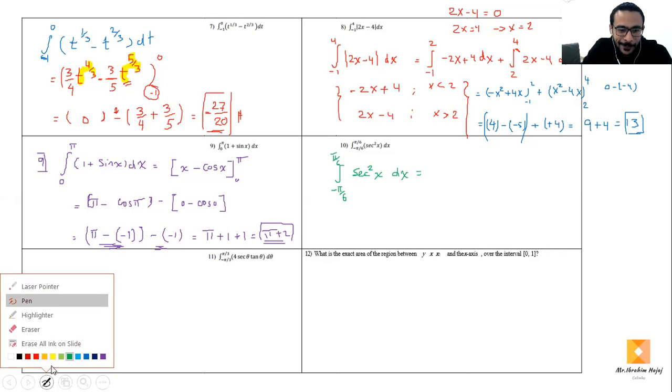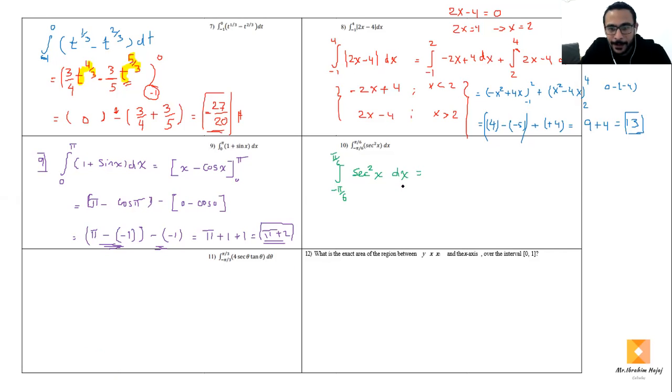Are you here, Mr. Ziad? Okay, Maged, what is the derivative of tan? The antiderivative of secant squared is tan, from negative pi over 6 to pi over 6.